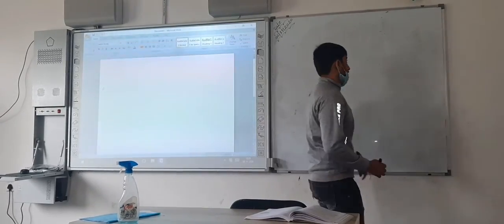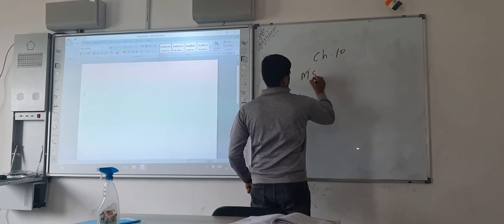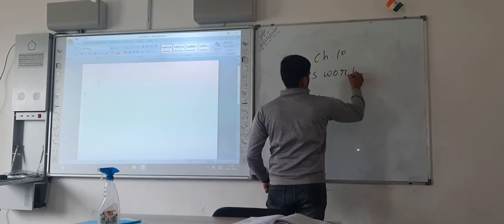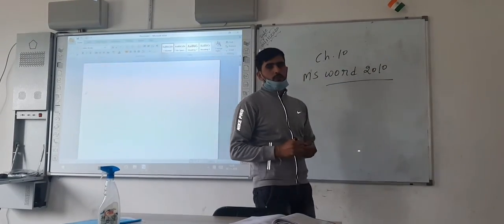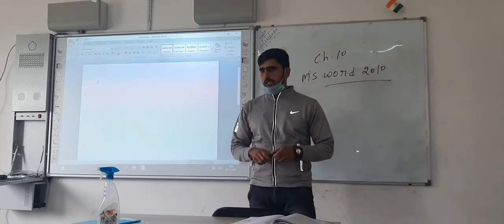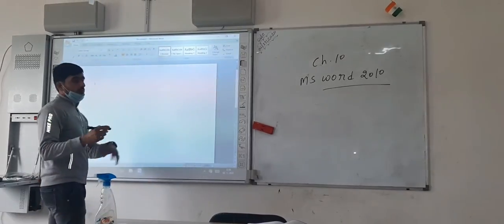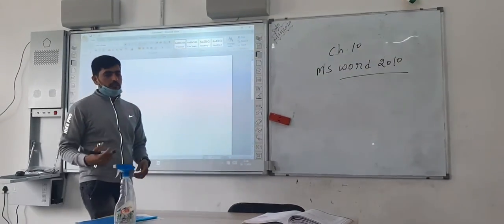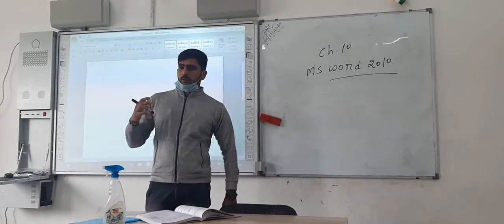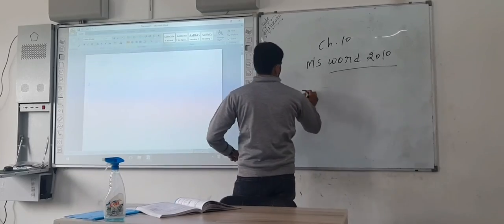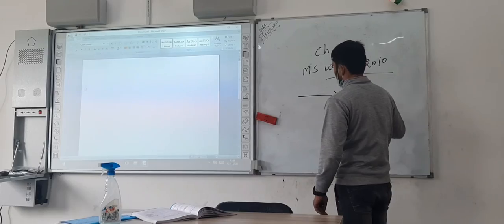Suppose we are writing in a table, and at that time we want the direction of the text to be changed. Suppose we are writing from this line to this, and I want my text to be shown like this.